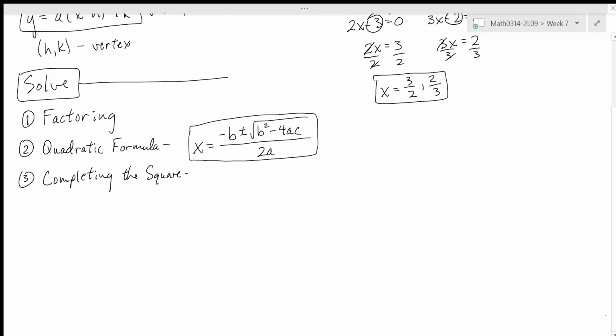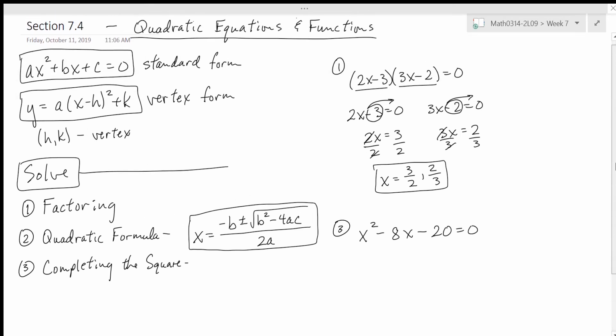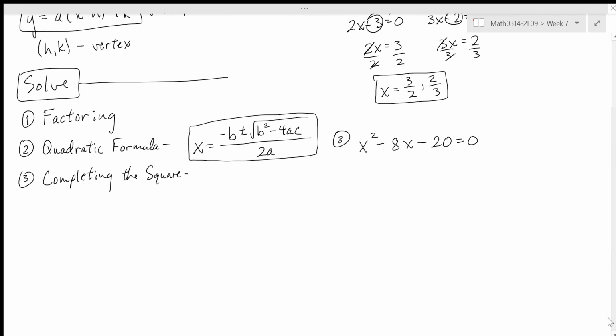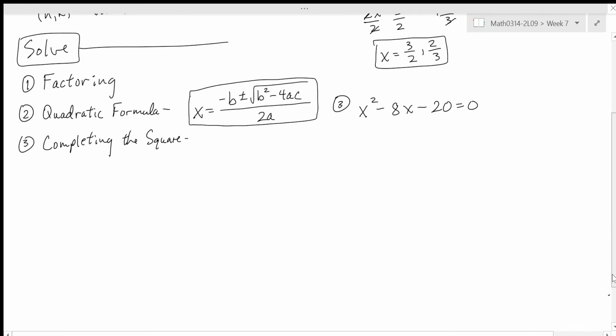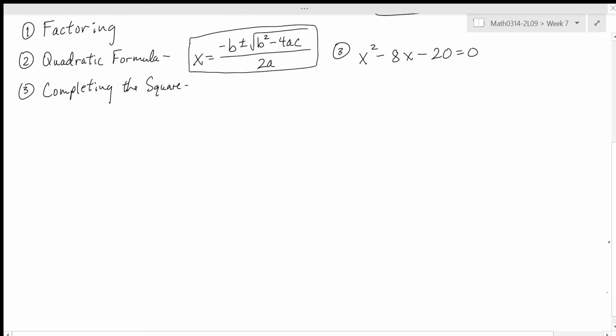Next problem, number 3. And for number 3, we have x squared minus 8x minus 20 equals 0.